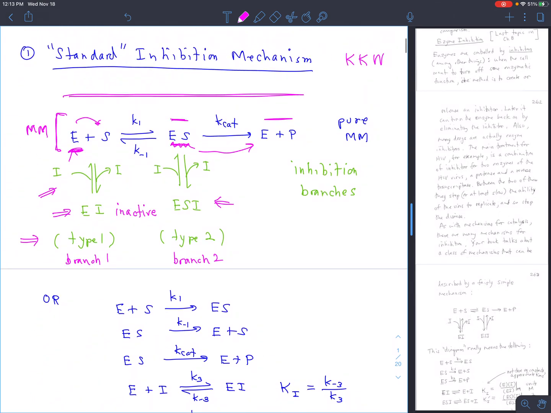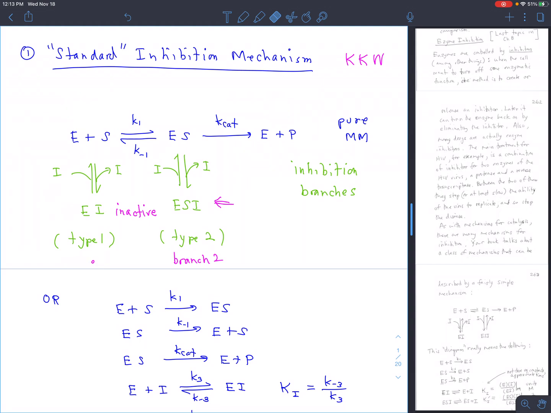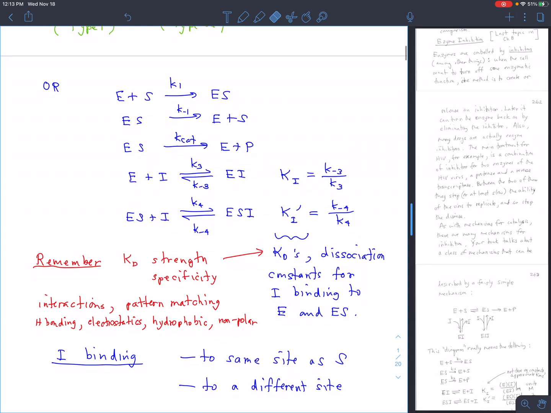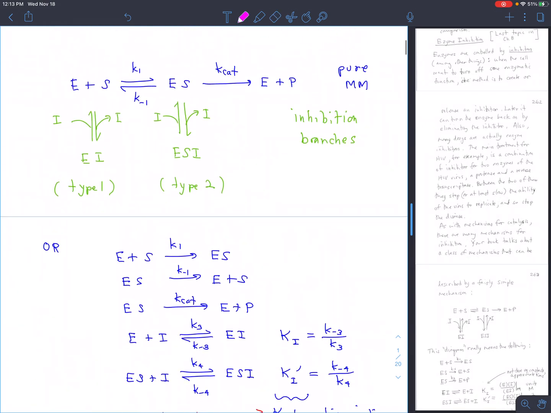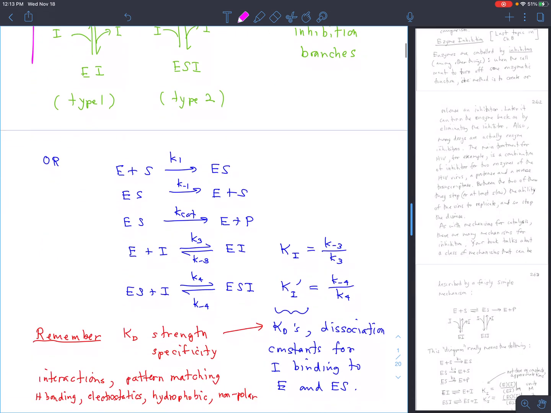We can take this overall mechanism, which I've written out here as a flow diagram, and write it out as a sequence or series of elementary reactions like we have before. I'll do that. We won't use that much in this section, but I'll do it just to be formally proper, just so we see that when you write a flow diagram like this, it corresponds to a mechanism of elementary reactions like this.